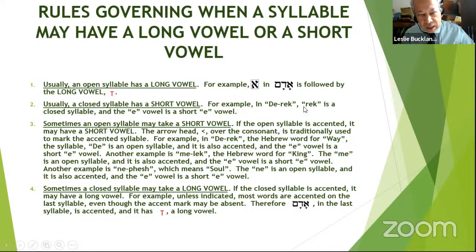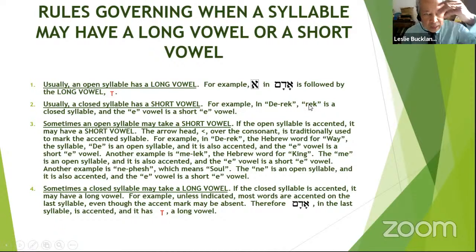Now notice that rek, R-E-K, at the end of the word is a closed syllable because it has a consonant followed by a vowel and followed by another consonant, C, V, C, consonant, vowel, consonant.